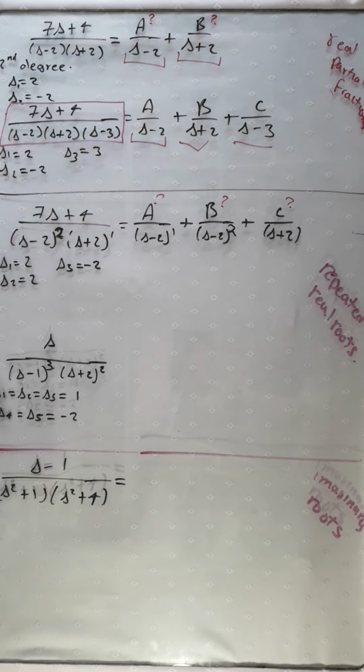Alright, so the power of the denominator is 5, and you have 5 roots. 1 is 3 times repeated, and the minus 2 is 2 times repeated.